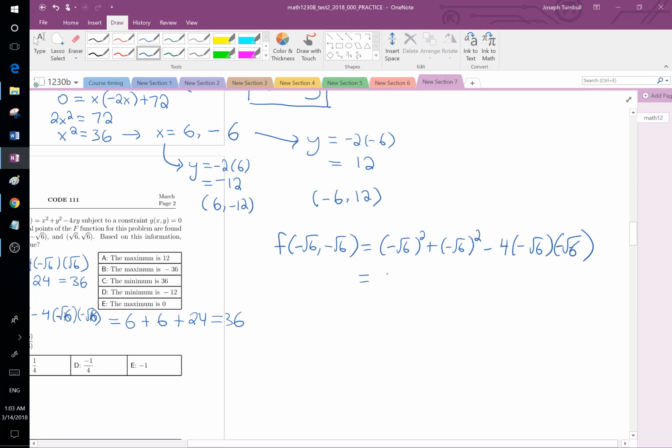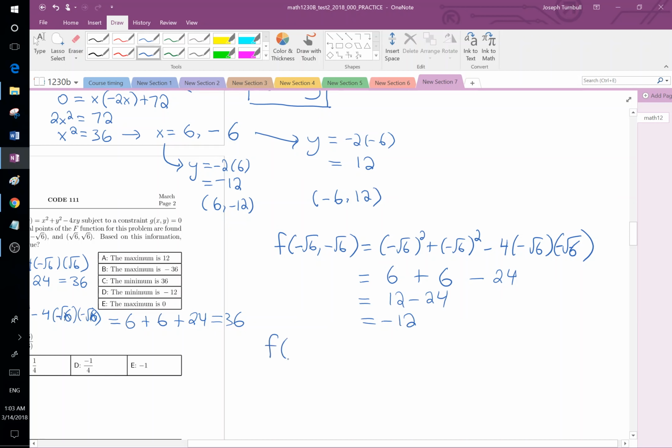That will be 6 plus 6, and then the 3 negatives multiplied together will give you a negative 24. So that's 12 minus 24, which is negative 12. And we got one more to do.